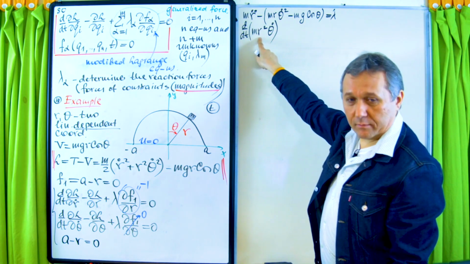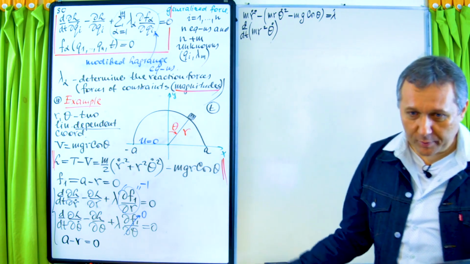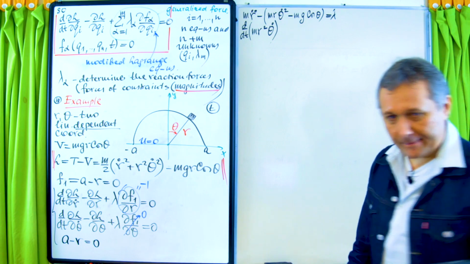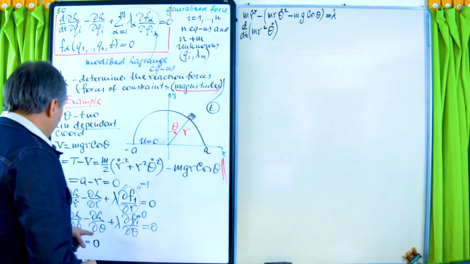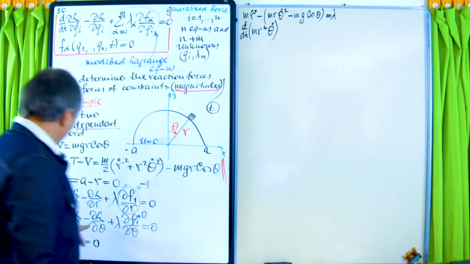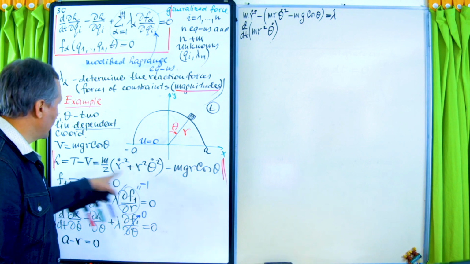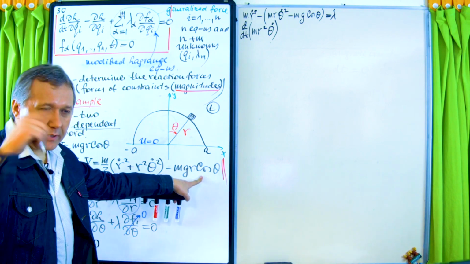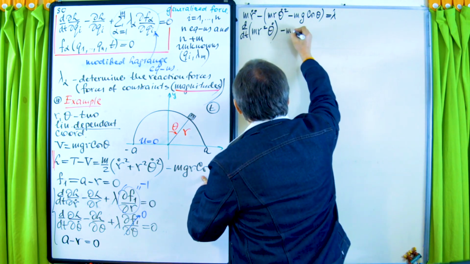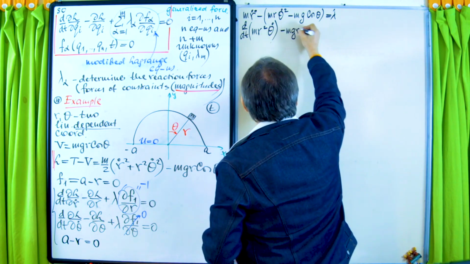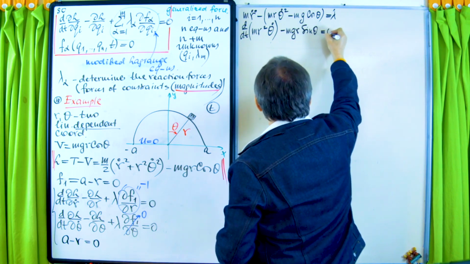Because here r is a function of time and theta is a function of time. So if you want to open it up, you have to be careful, and I don't want to make silly mistakes. Then with respect to theta, theta is only here. So we have minus in front, then minus from here, and when we differentiate cosine we get another minus. So it will be minus mg r sine theta equals 0.